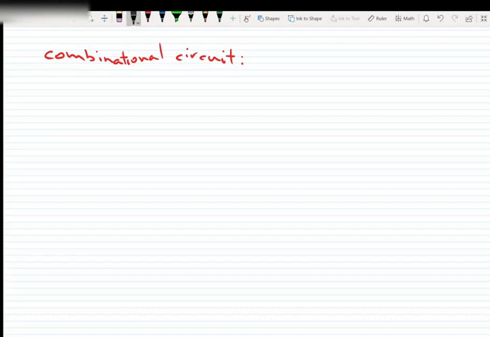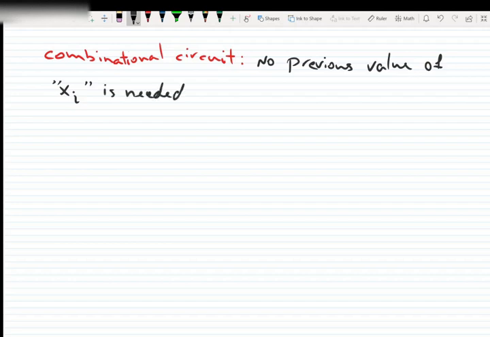So we can say no previous value of xi is needed to know what the outcome of f is.